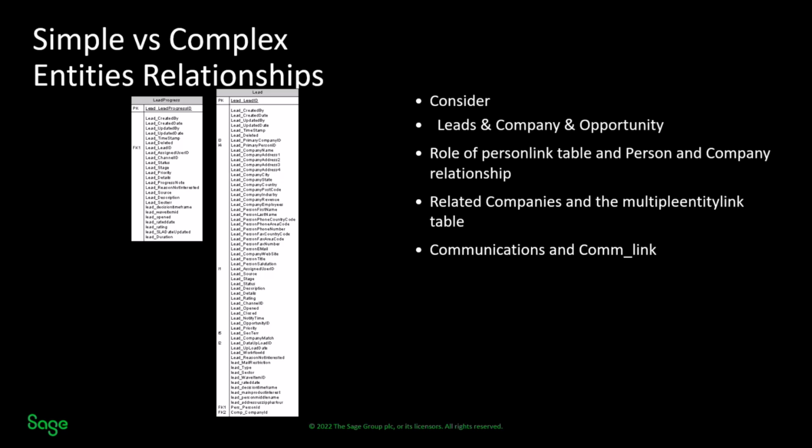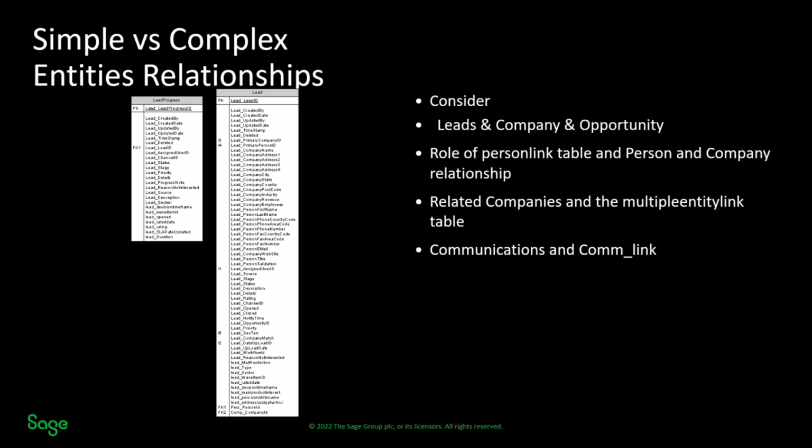If you were to look inside Sage CRM and compare the differences between a lead and an opportunity, or a lead and a company, you will find very different definitions going on. Take the definition of a company compared with the lead, which was a single monolithic table with details of the contact and the person you're going to talk to.